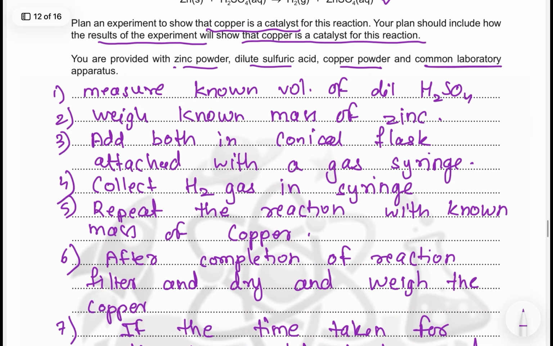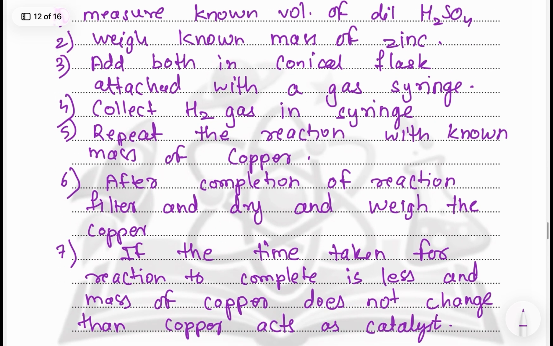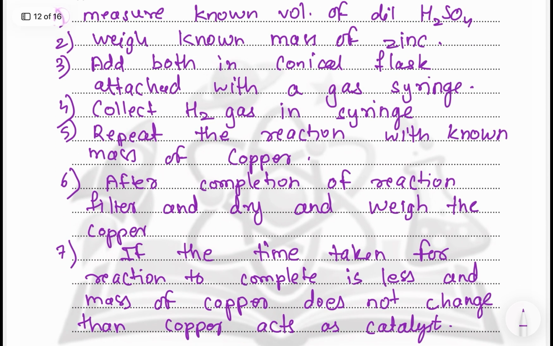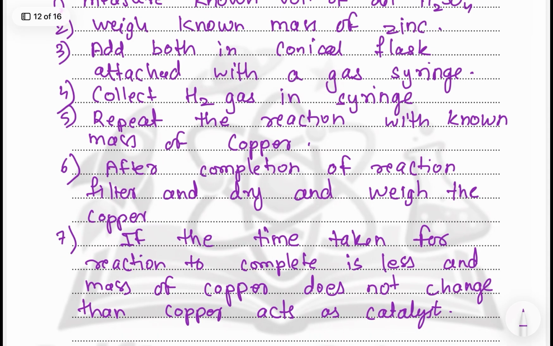Here, as they asked us to find out whether copper is acting as a catalyst or not, we performed the reaction first without copper and then with copper, and we already know what the results can be when we add a catalyst in a reaction. It should speed up the rate of reaction and also it should be unchanged because it does not participate in the reaction.